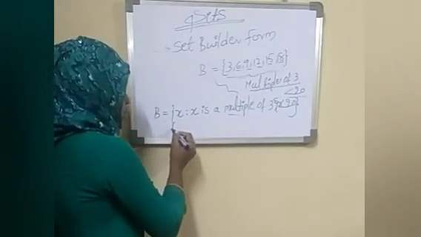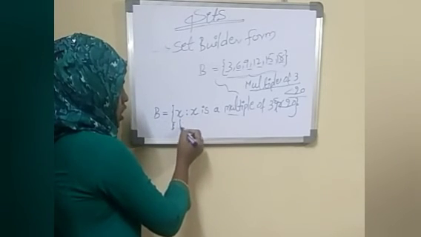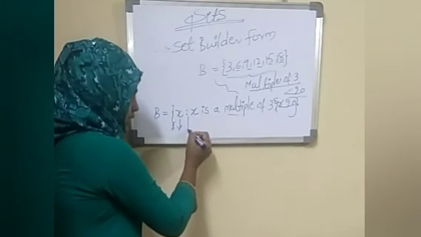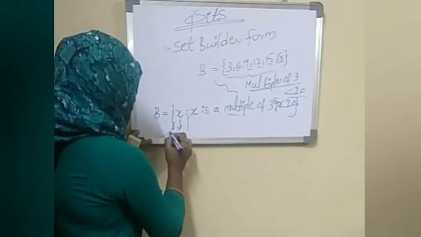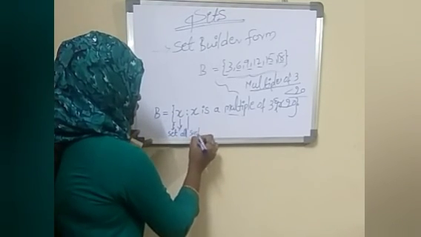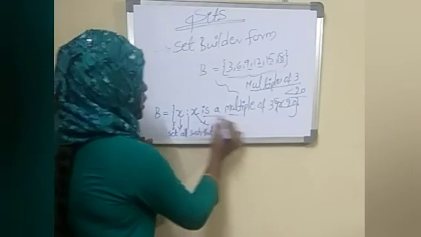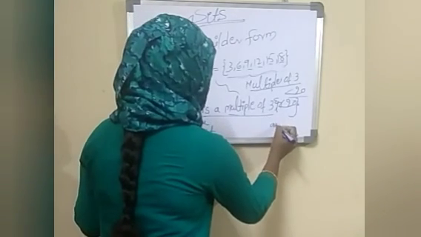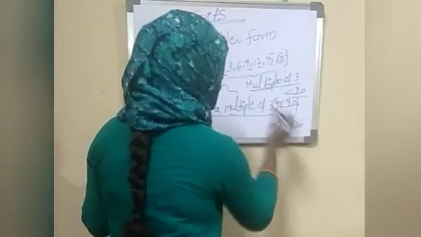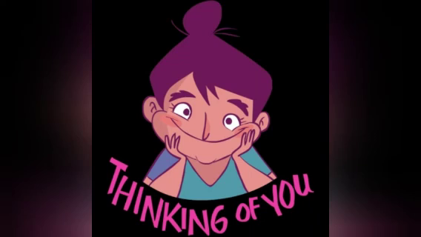This is a brace, so: set of all x such that x is a multiple of 3 and less than 20. This is the closed brace of the set.